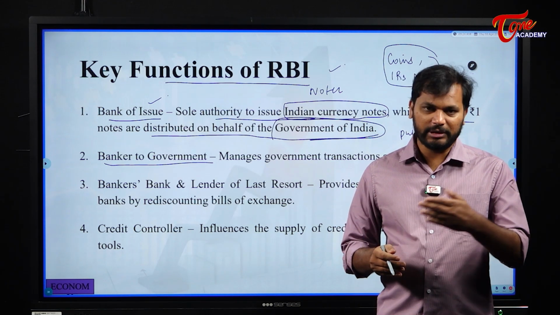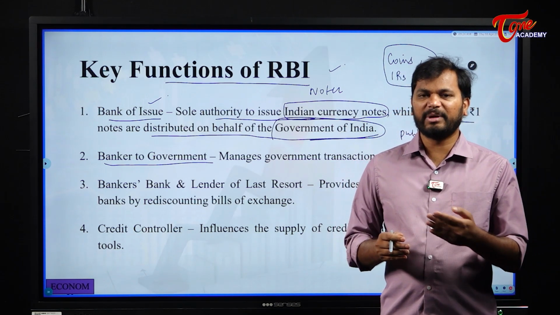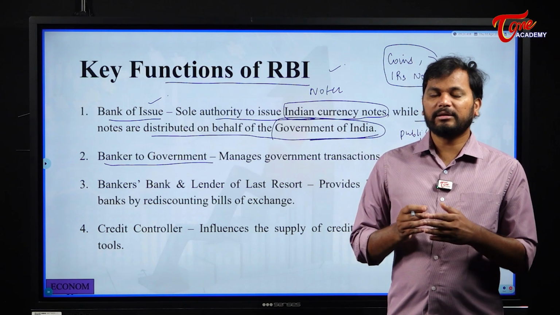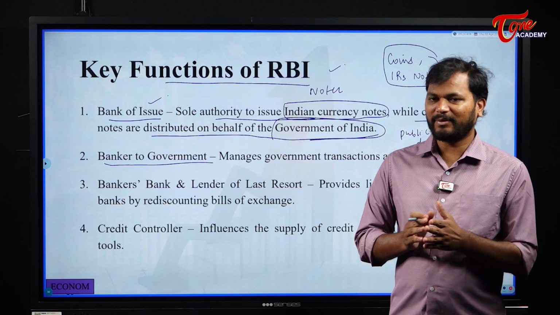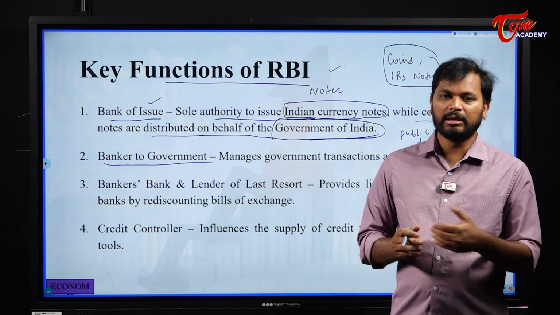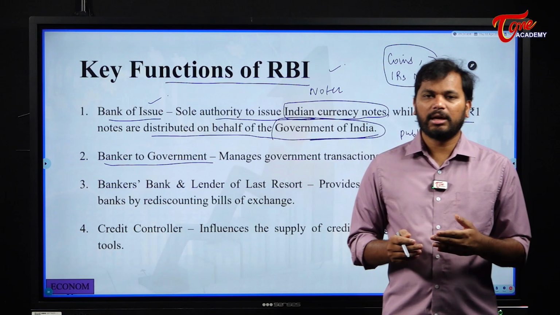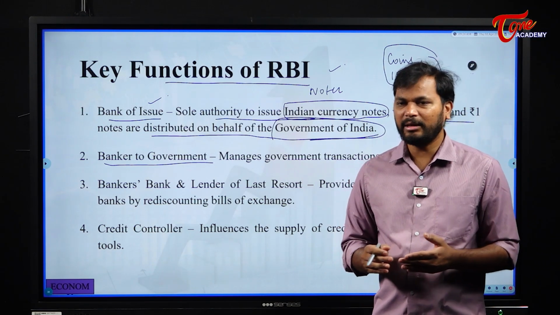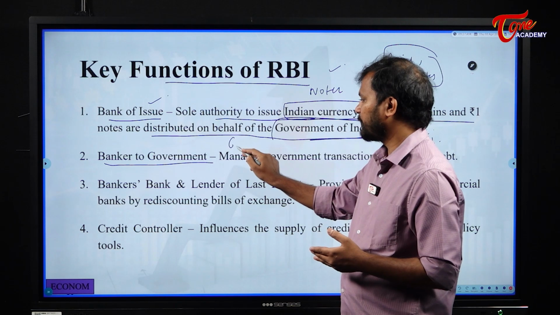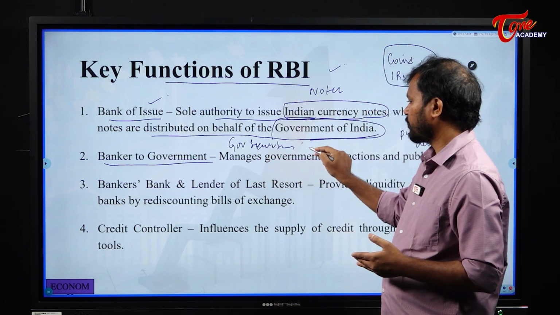Though they have been discontinued, there is still a possibility of these things happening because of RBI being the banker to the government. If the government has a liquidity shortfall, then money can be lent from the RBI against the government securities, against the collateral.